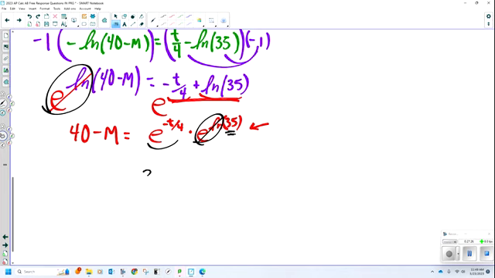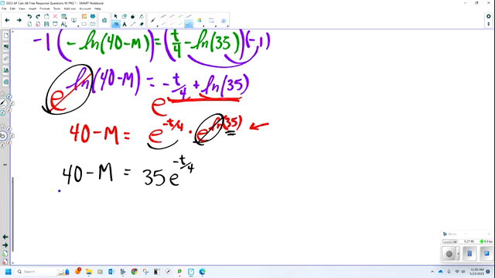So I've got 35 times e raised to the negative t over 4 equals 40 minus m. It's a lot of writing, but it's a lot of simple work, especially if you know your rules with natural logs and e's.